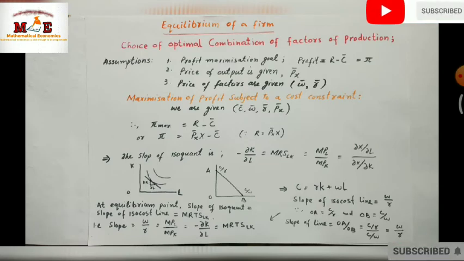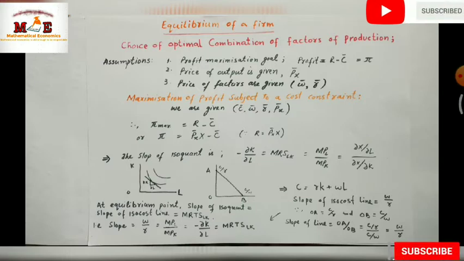For equilibrium position, a producer may attempt maximization of output subject to a given cost, or alternatively he may seek to minimize cost subject to a given level of output. Therefore, we have two cases.